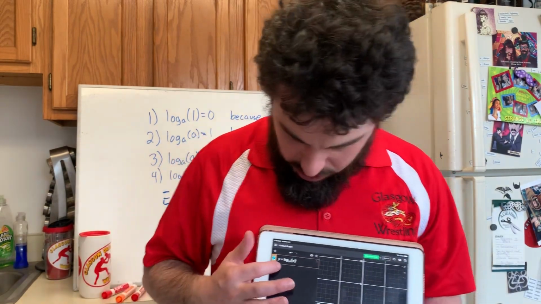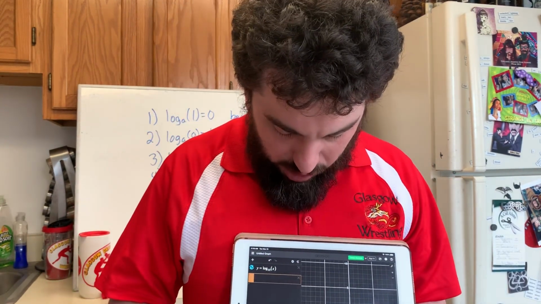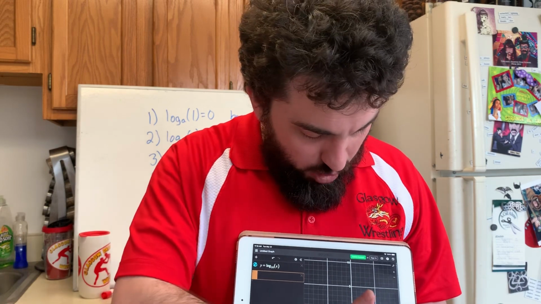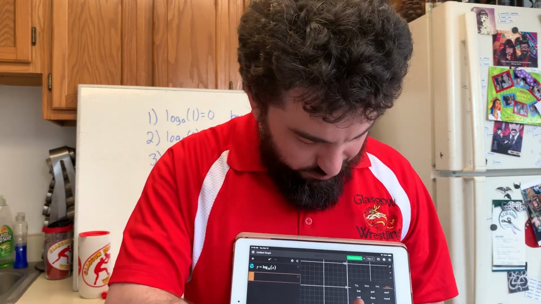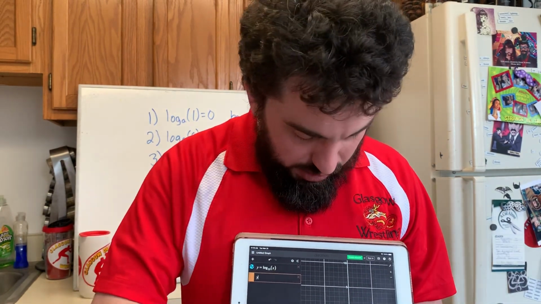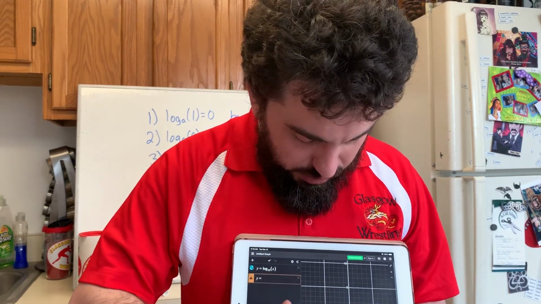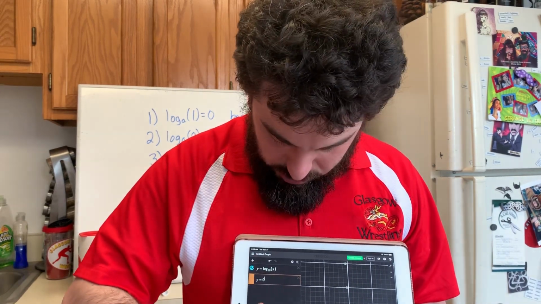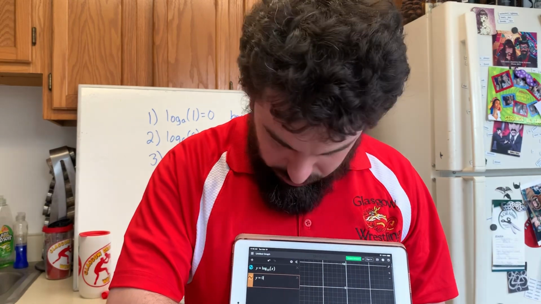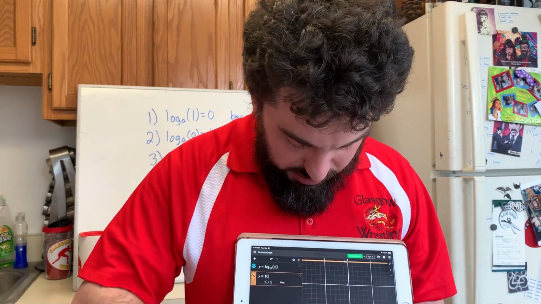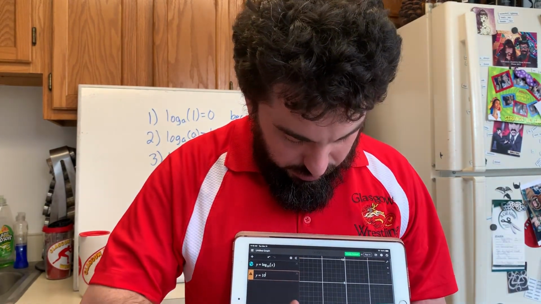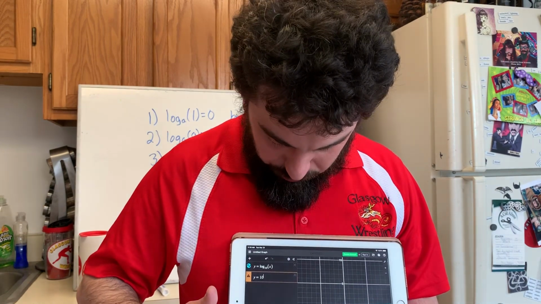So this is a reflection of the graph y equals 10 to the x.